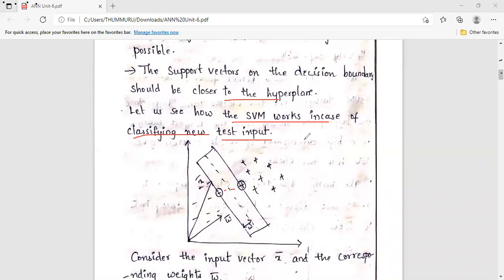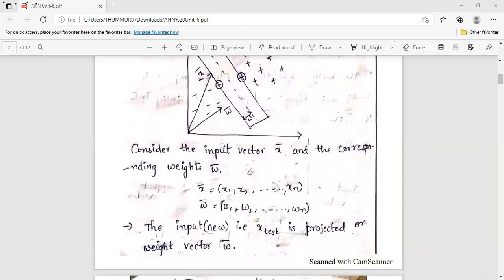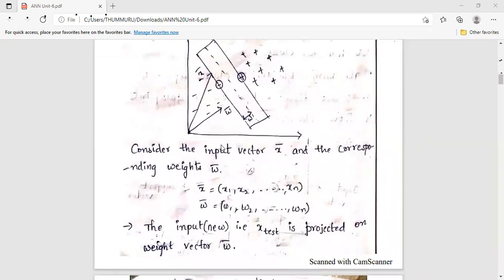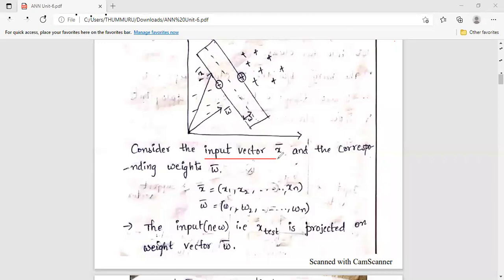If you get a new data point to this machine, first of all we consider the input vector x bar and the corresponding weights w bar.